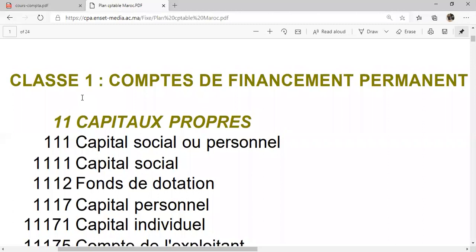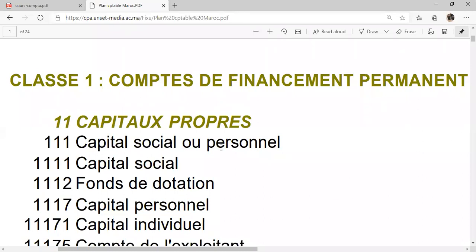So the first figure is what we call the mass, to avoid confusion. The second figure is the rubrique. The third figure is the poste, and in this case it is capital social or personnel.